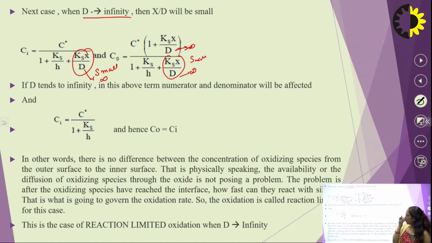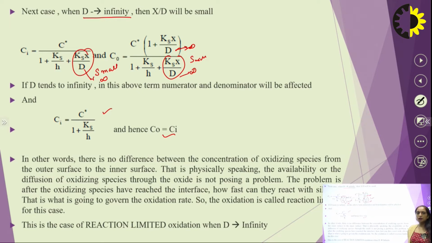So in the above equation, your numerator and denominator will be affected, and Ci will be equal to the concentration at equilibrium state divided by 1 plus Ks divided by H. And C naught will be equal to Ci. In other words, there is no difference between the concentration of oxidizing species from the outer space to the inner space.